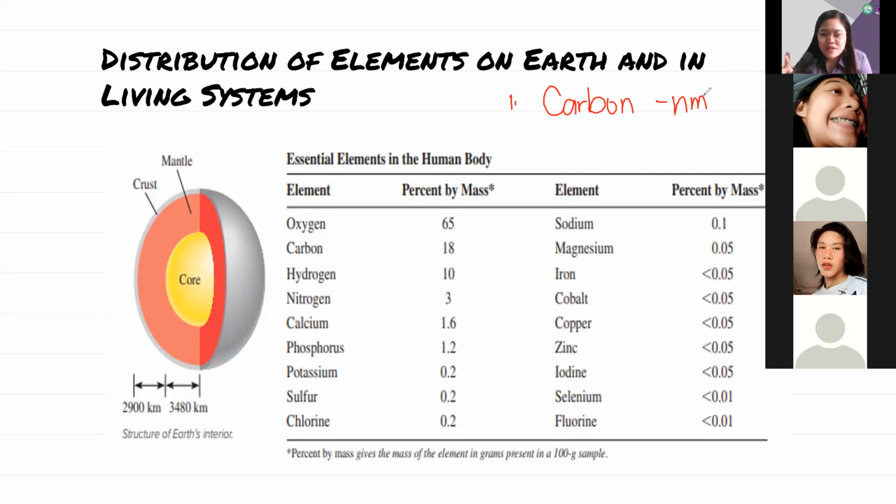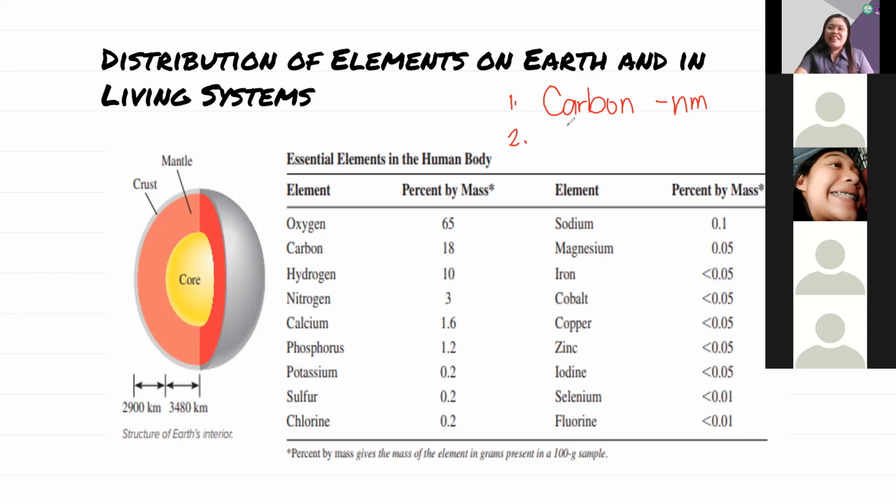Now, my second question is, what do you think is the second most abundant element sa Earth? Second, the pinakamarami. Hydrogen, ma'am. Any more answers? Iron po, ma'am. Silicon, ma'am. Okay, dyan dito, silicon.